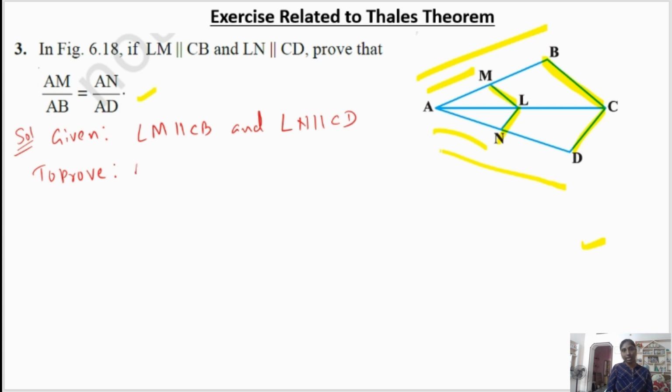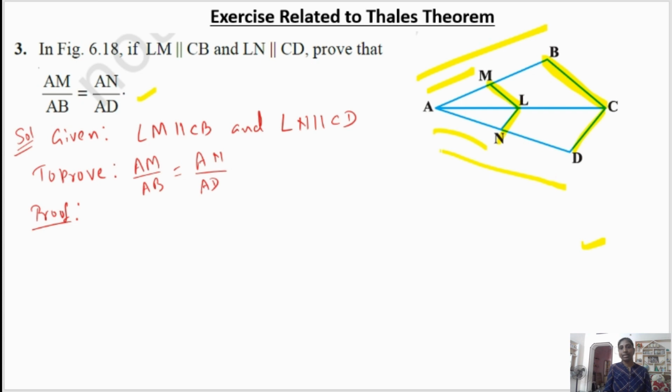Here AM by AB is equal to AN by AD. So now proof. First we will take what is given: LM is parallel to BC.